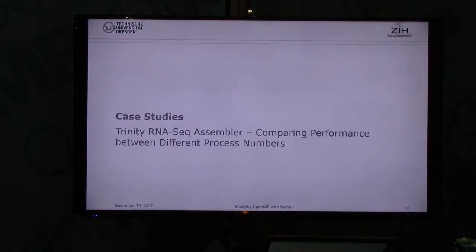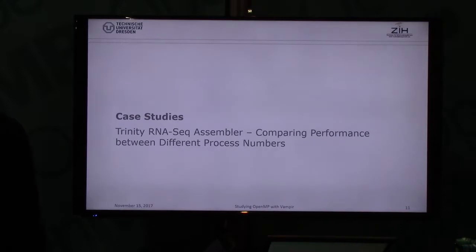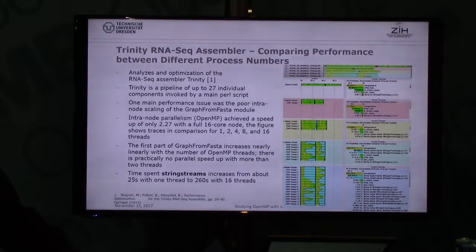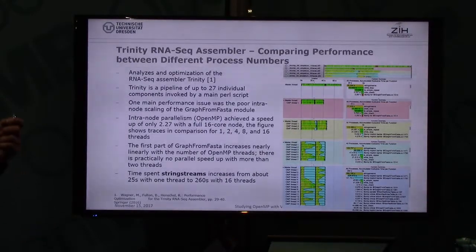So the third case study, Trinity, an RNA sequencer assembler, is a production code, and in this case study there was a scaling study executed. So they tested how well this application scales with multiple OpenMP threads.